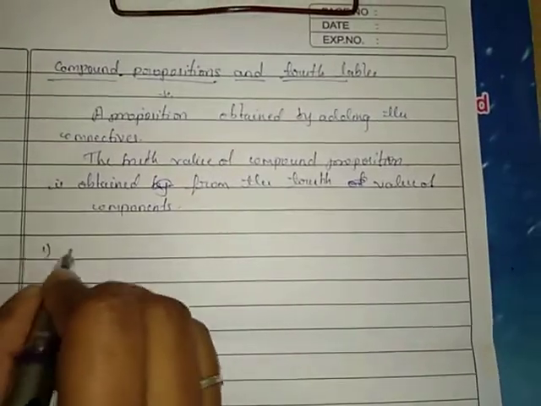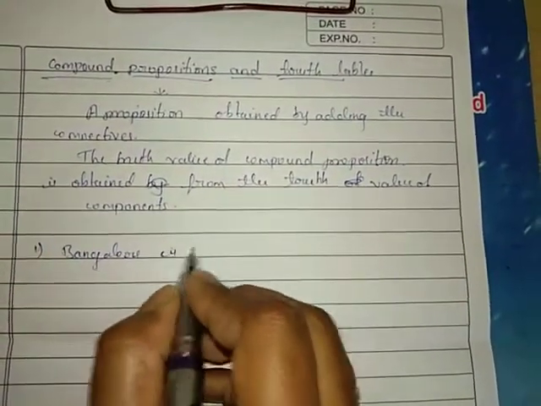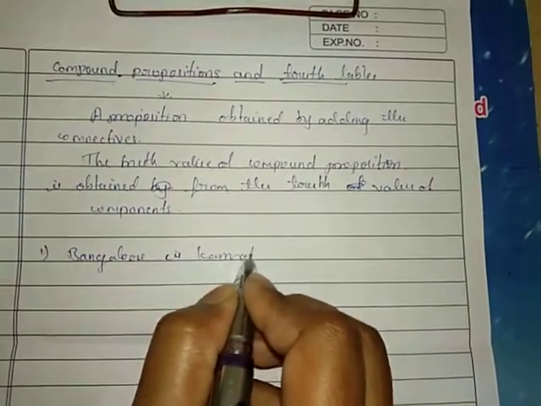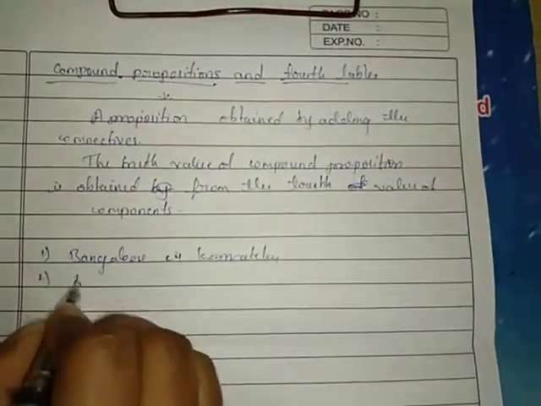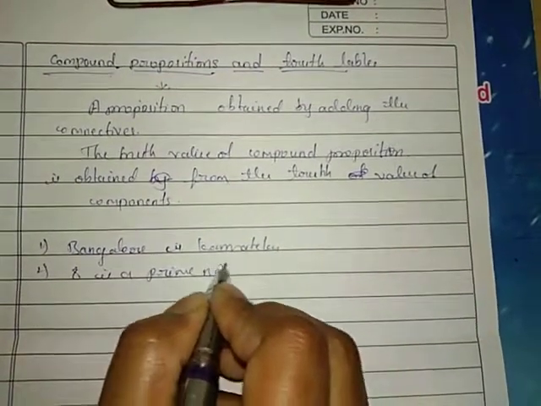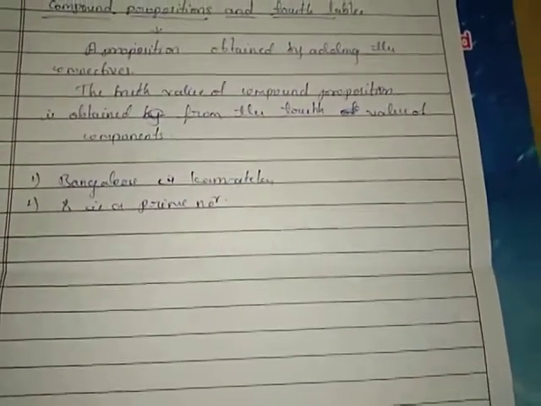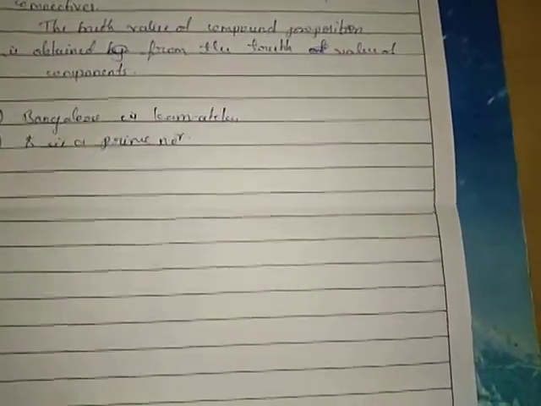For example, I am taking an example. Bangalore is in Karnataka, and also 8 is a prime number. These are statements, called simple propositions.